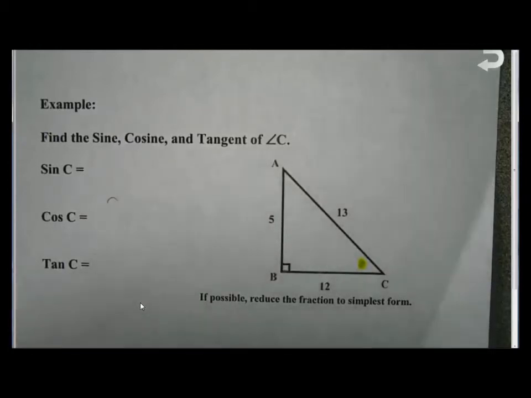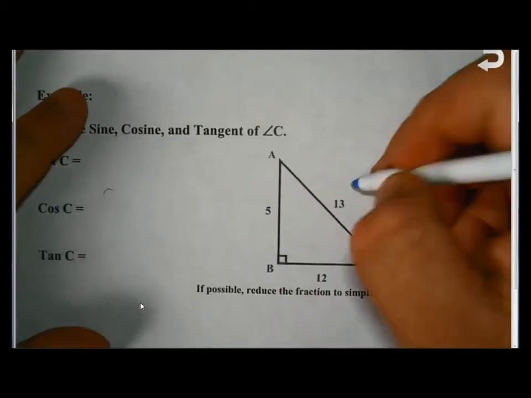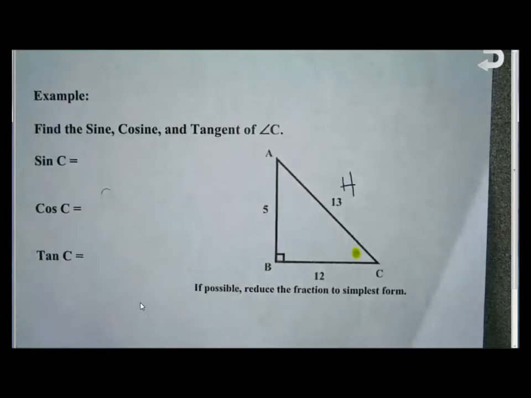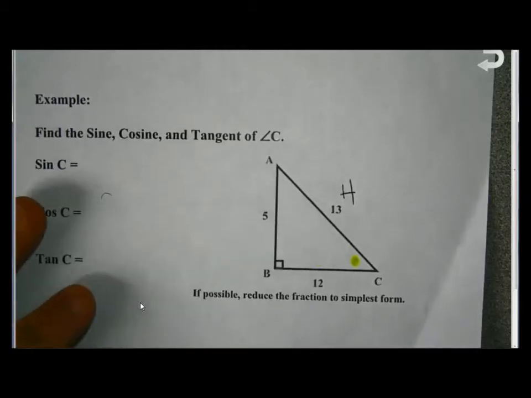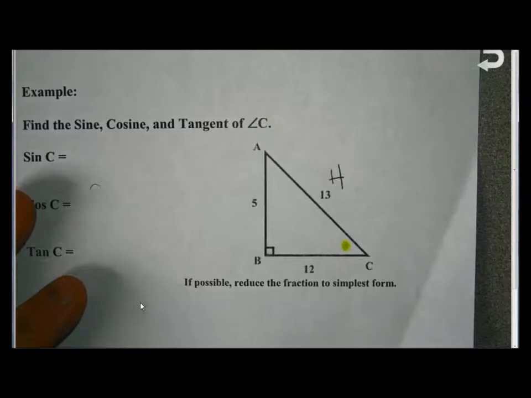What number goes with hypotenuse? Speak up. 13. Yes. The hypotenuse is 13. Which one of these numbers is the adjacent number? 5. What angle are we looking at?